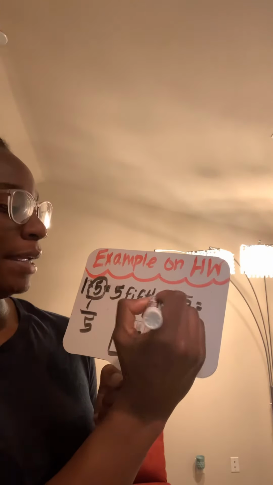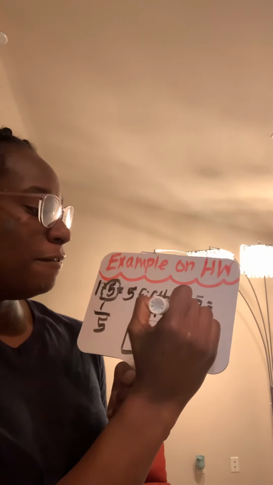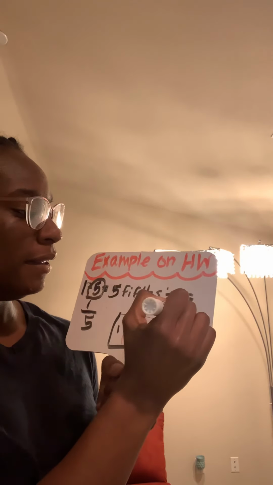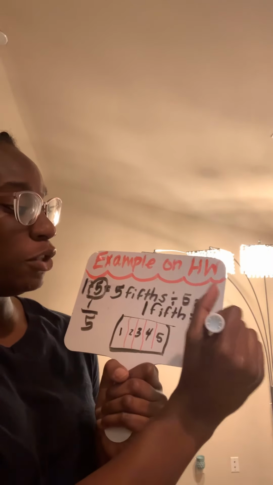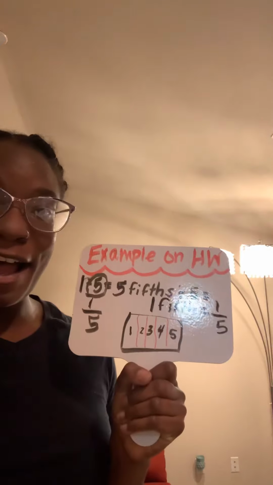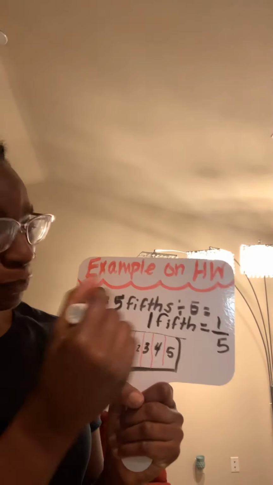So we've got 1/5. And then the last thing we've got to do is write out our fraction. 1/5 is equal to 1/5. So now, using our diagram, we have seen how we've gotten this answer. So it's very important that you use models to figure out your answer.